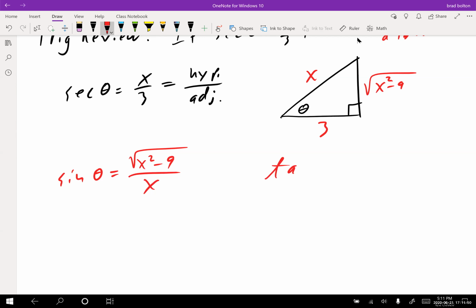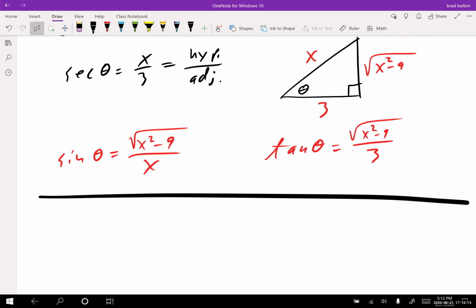And if I wanted to know the tangent of theta, tangent, we know from SOHCAHTOA, is opposite over adjacent. So the opposite would be the square root of x squared minus 9 over the adjacent, which would be 3. And again, we're going to need to build these triangles for the problems in this section. So this will be the idea behind it, all right?